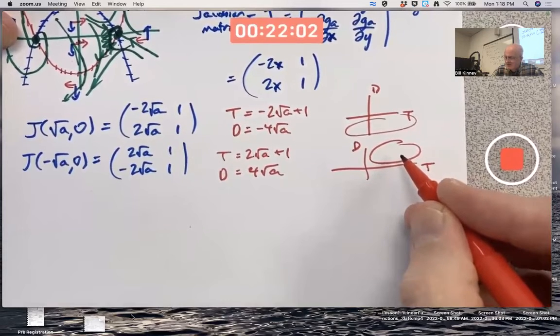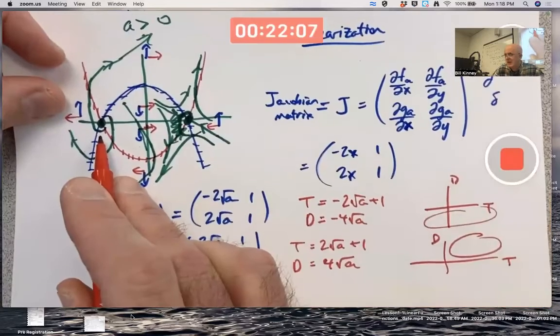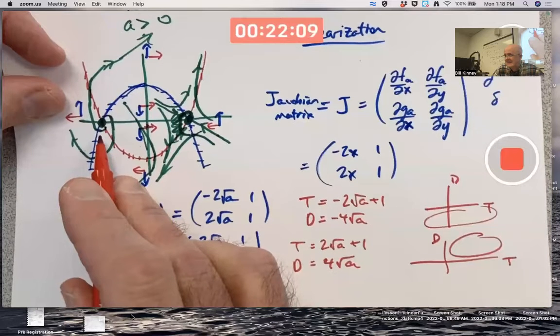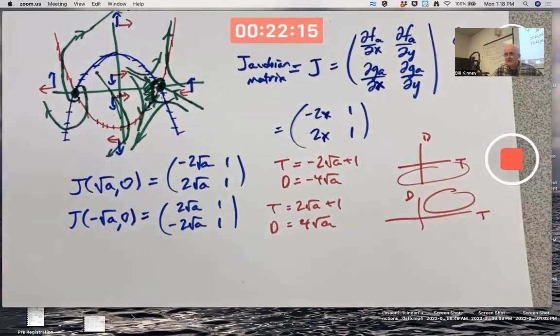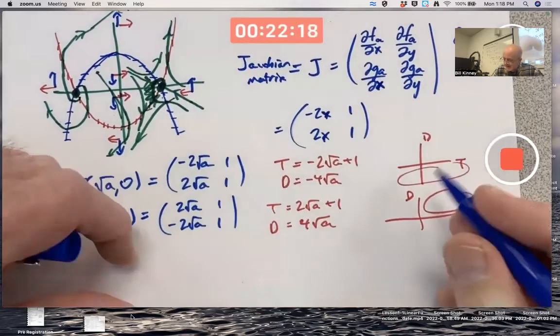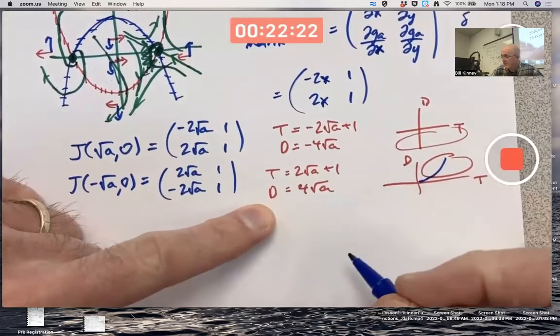Is it a spiral source or a real source? Seems to be a spiral source, but maybe looks could be deceiving. Is there a way to know for sure? You could think about where the repeated root parabola is here and try to figure out, are we above or below that repeated root parabola?